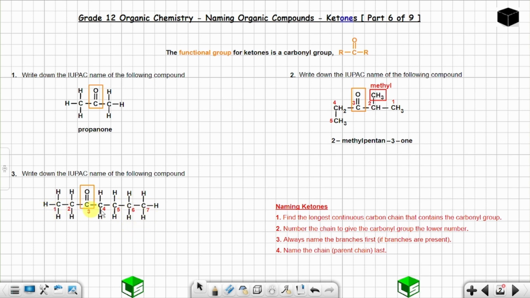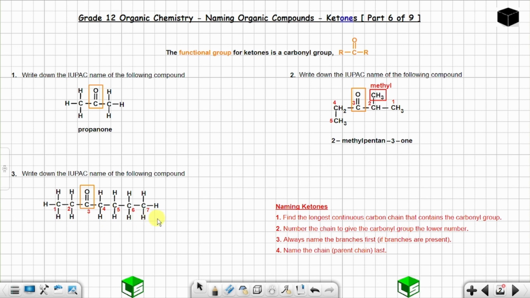Now, after you are done numbering, you can now start with the naming. Okay, always name the branches first if branches are present. You don't have any branch. No branches are present. Okay, and then you are going to name the parent chain last. So the parent chain is made up of 7 carbon atoms.